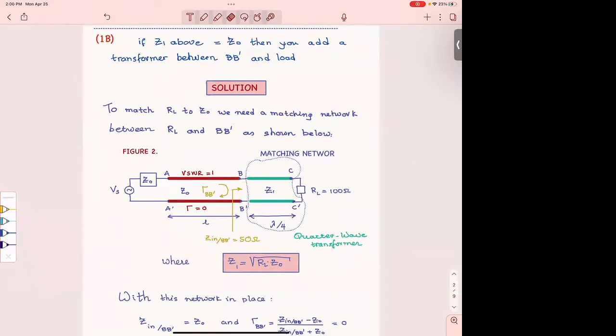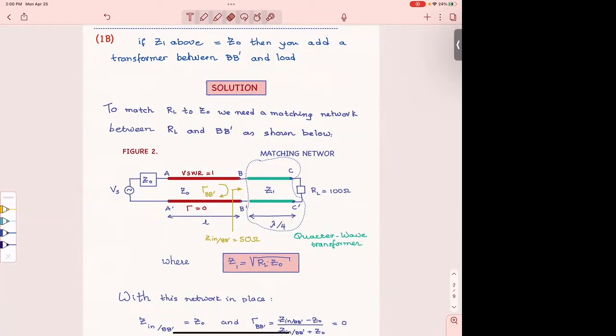When gamma is 1, VSWR goes to infinity, which practically says that it can get very large values. And the larger the VSWR, the worse the match. I mean, the bigger the mismatch, rather, if you want to say.